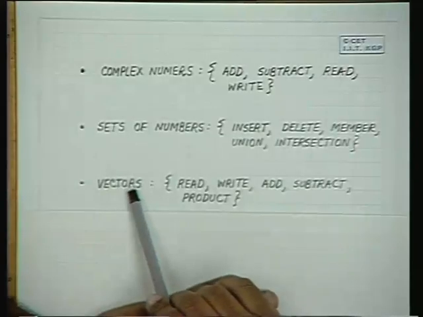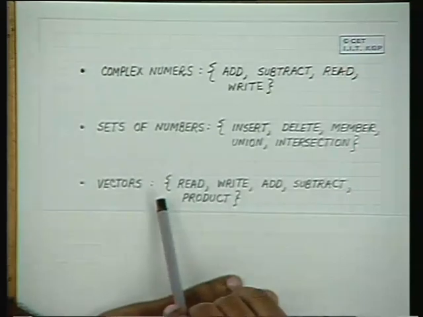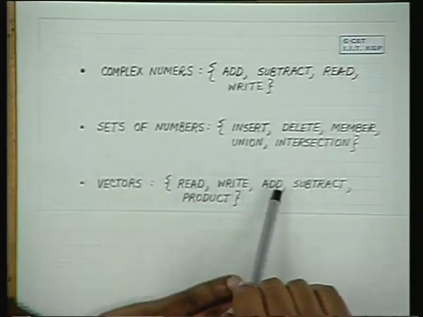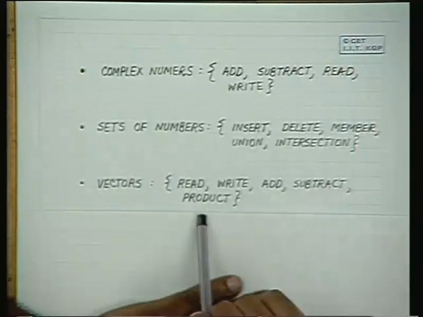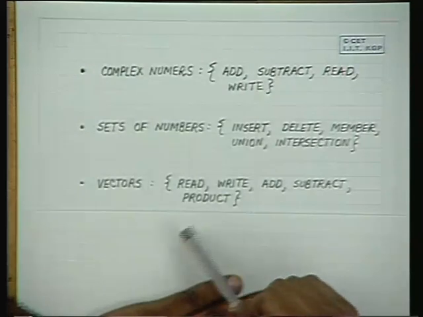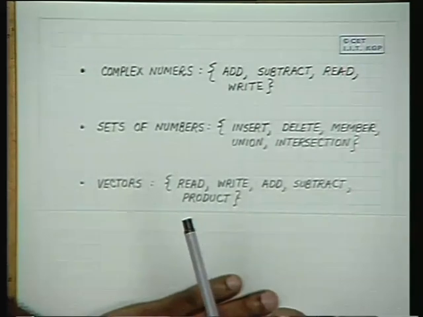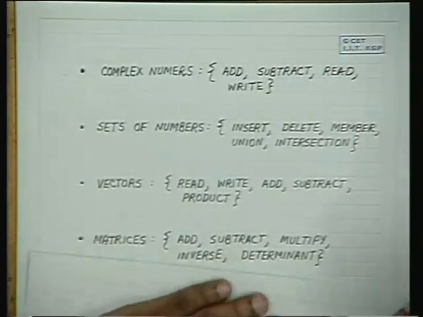Let us see another one. Vectors. You can define vectors and each vector may be parameterized by the size of that vector, and then read a vector, write a vector, add 2 vectors, subtract 2 vectors, take a dot product of 2 vectors. So similarly you can define a data structure for this and you can imagine how you will implement this. Matrices.